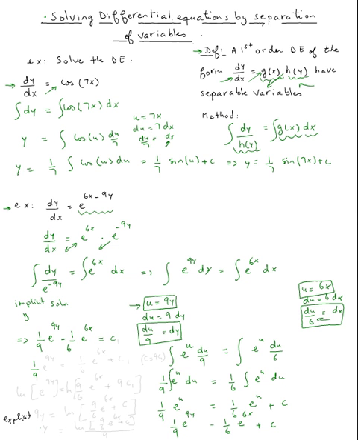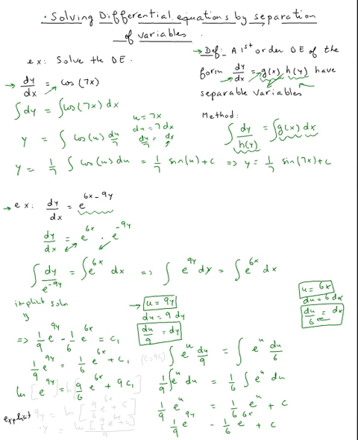So this will be 1 over 9 e to the 9y is equal to 1 over 6 e to the 6x plus c. Multiply everything by 9. You'll get e to the 9y is equal to 9 over 6 e to the 6x plus 9c. Let's call this c1, so this is some constant c. Now take ln of both sides.